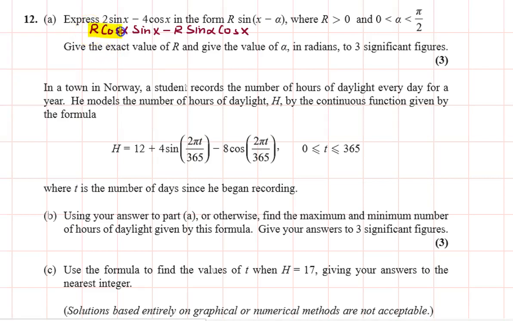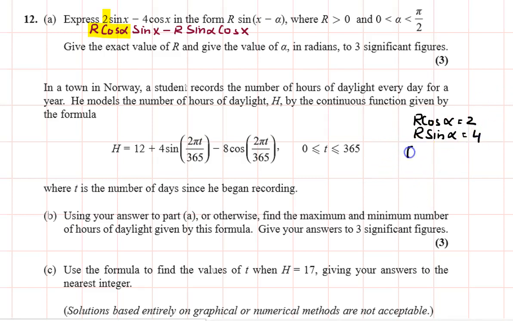So r cos alpha is 2 and r sin alpha is 4.